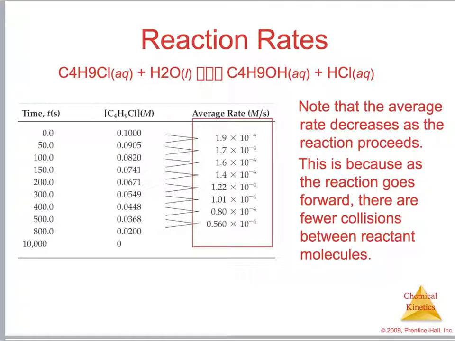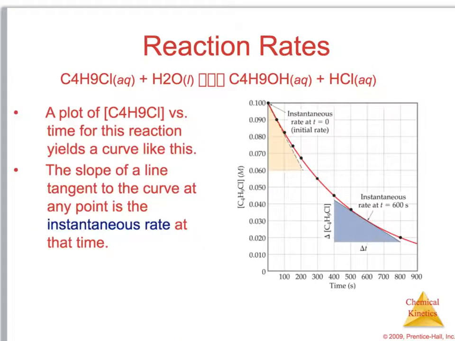The average rate decreases as the reaction proceeds, because as it goes forward, there are less particles to collide because there are less reactants. As it goes forward, you make more products, you have less reactants, and so there's less reactants to collide, and therefore the average rate decreases as you go forward.